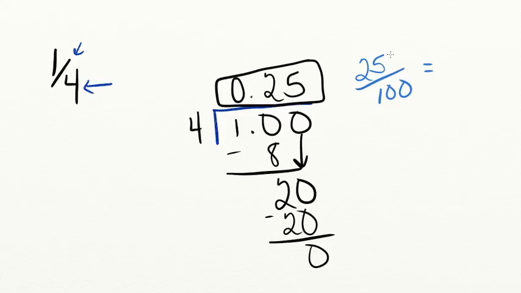If we divide 25 by 25 and we divide 100 by 25, 25 divided by 25 gives us a numerator of 1, and 100 divided by 25 gives us a denominator of 4. So we successfully changed this decimal into a fraction, and we simplified it to show that it is indeed the same amount. 1/4 is the same amount or equivalent to 25 hundredths written as a decimal.